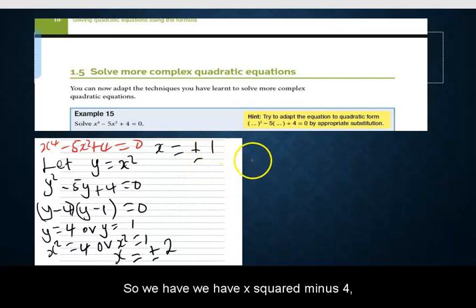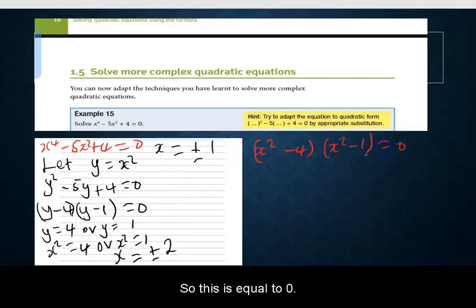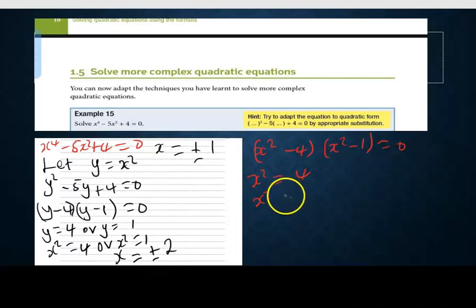So we have x squared minus 4, and then we have x squared minus 1. So this is equal to 0. So x squared is equal to 4 or x squared is equal to 1.